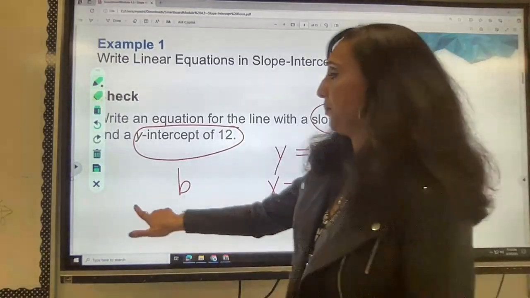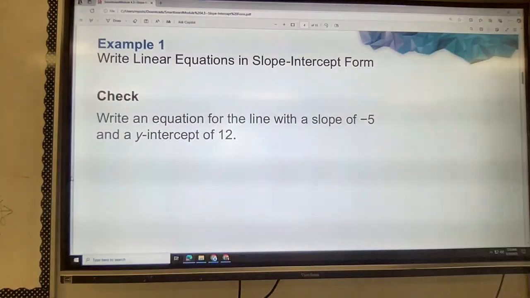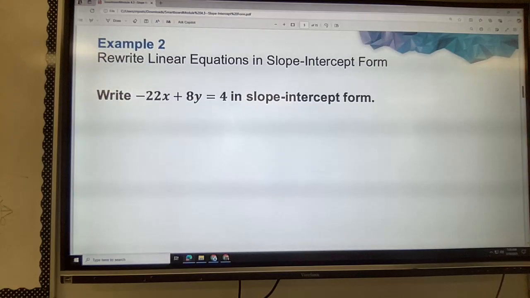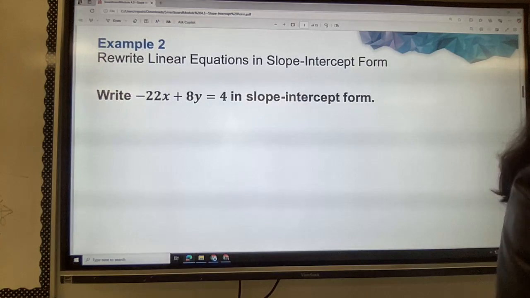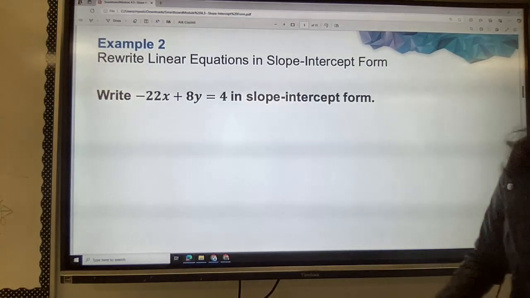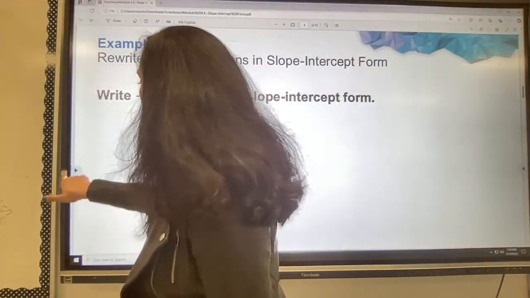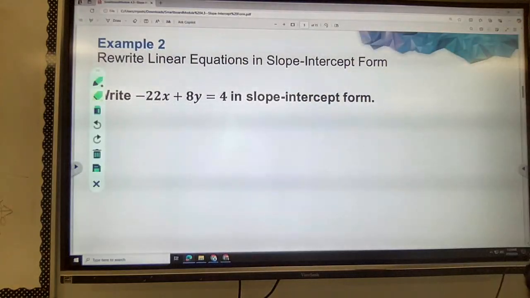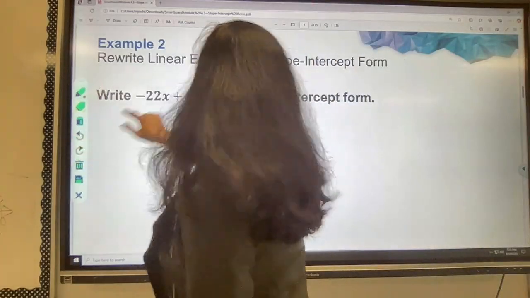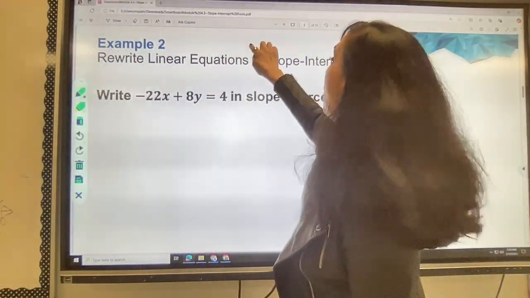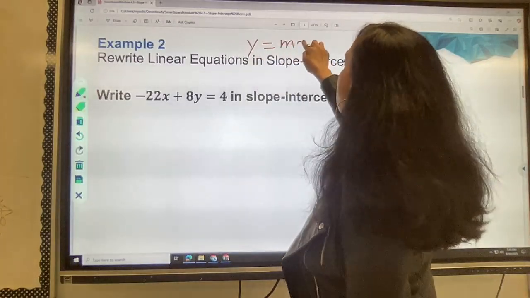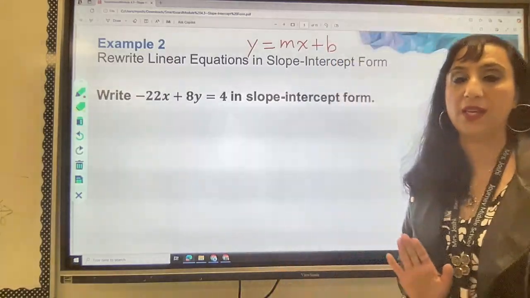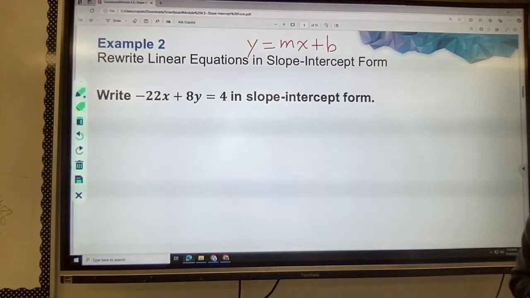Now, next, let's look at this one. We are going to rewrite linear equations in slope-intercept form now. All right. So again, we are going to start with the original equation. And I know that the slope-intercept form, I am supposed to write it out in the format y is equal to mx plus b. So this is the format that I have to bring this equation in. So I'm going to start with that original equation.